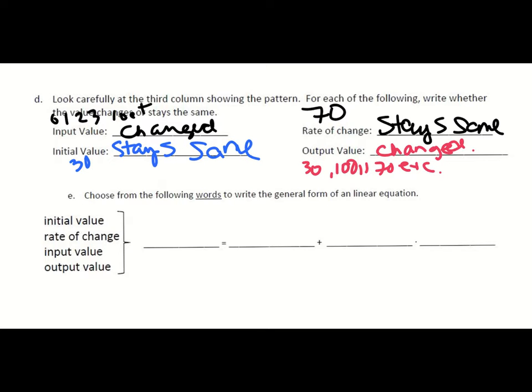Okay, so it says choose the words to write the general form for a linear equation, in that order from the table. If you look at it, the thing on the left of the equal sign was your output value. And that equals that next number, which was the 30. That was your initial value.